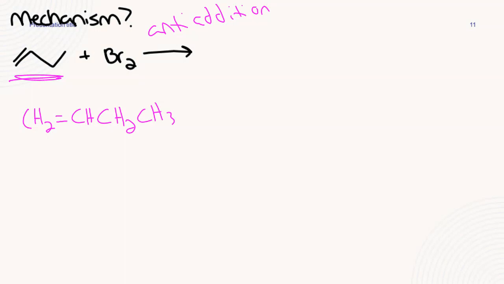Okay. So same thing, you'll set it up with the bromine perpendicular to the double bond. The double bond will attack this top bromine, and one of the lone pairs of electrons on bromine will come back and attack one of the double bonded carbons, and then this bromine to bromine bond will break.